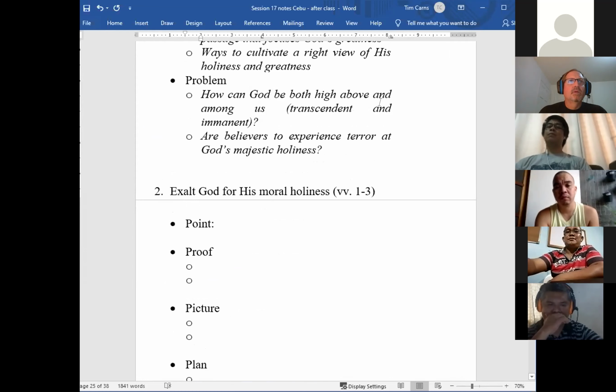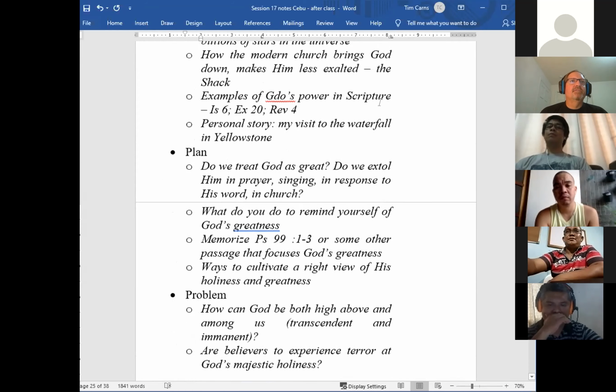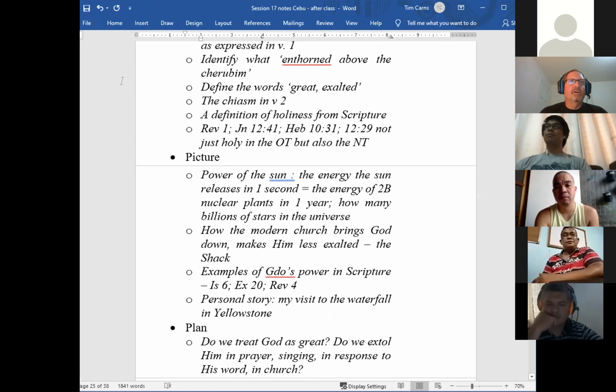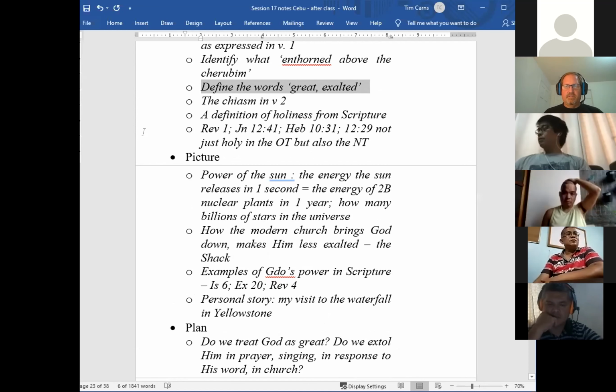Well, maybe in the course of talking about it, we focused on these words, great and exalted. You're going to be talking about the fact that God is so far above us. His majestic holiness emphasizes the fact that he is completely unique, far above us.